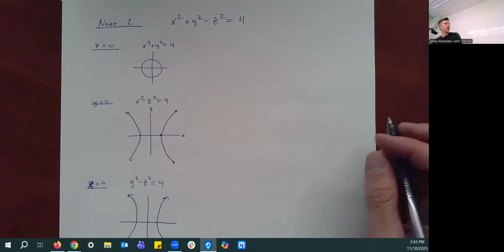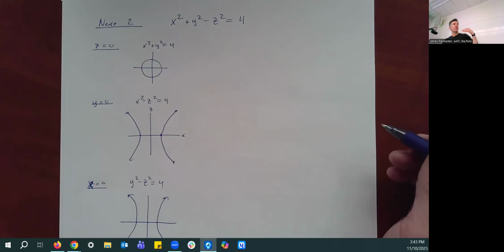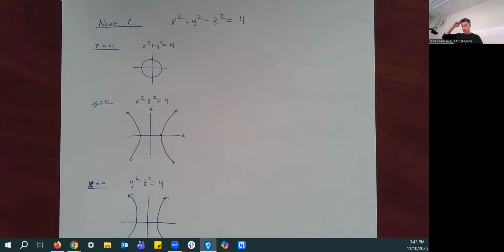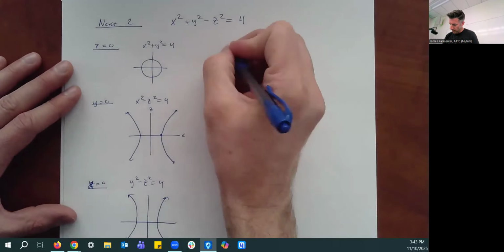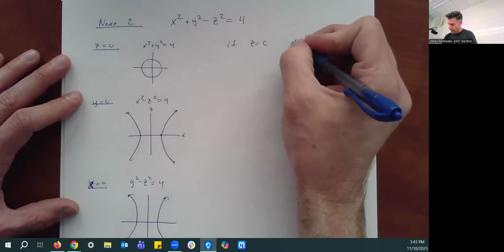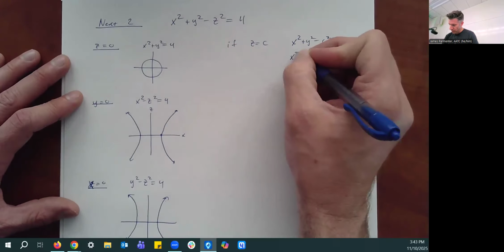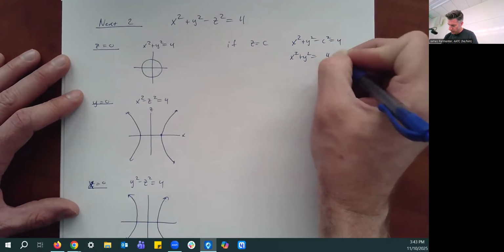And then if you let z be a different value, you're going to get bigger circles. For example, if z is equal to c, we get x squared plus y squared minus c squared equal to 4, or x squared plus y squared equal to 4 plus c squared.